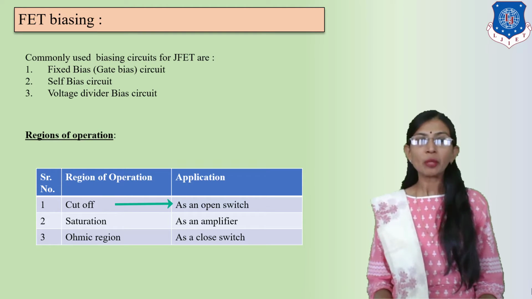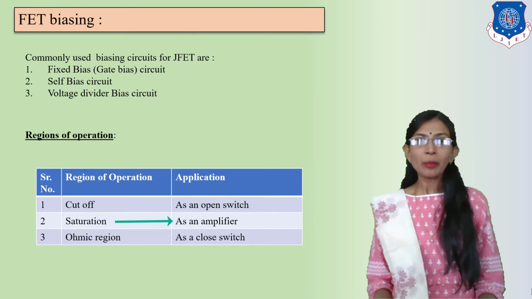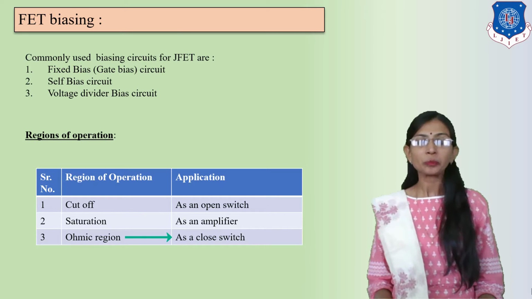The JFET can be used as an open switch if it operates in cutoff region. When FET is in saturation region, then it can be used as an amplifier. Similarly, the application of FET is a closed switch for ohmic region operation.